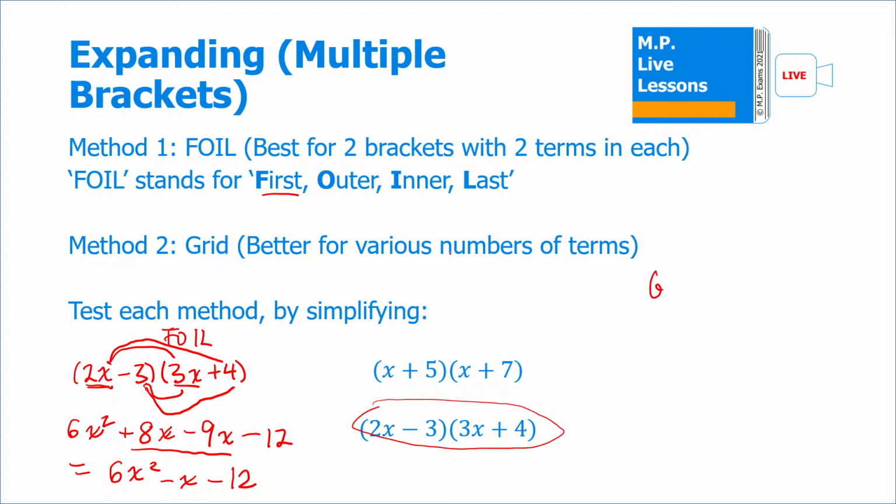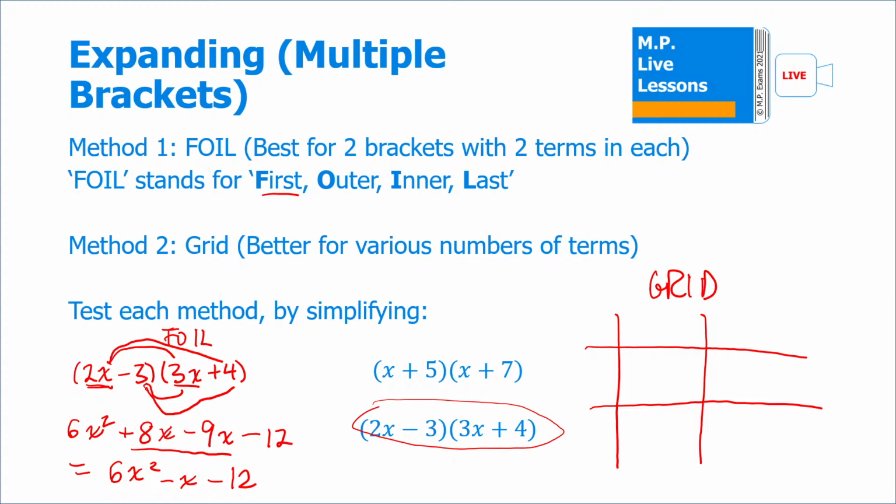Now for the grid, you'll draw each term out separately. So the x term will just be 2x on the top, and then the minus 3, just the negative 3 here. Each bracket goes on either the top or on the side. This 3x would go here.